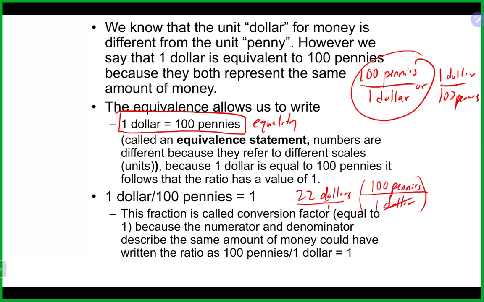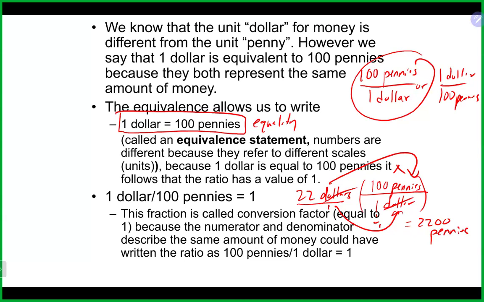Our dollar will cancel here. We again multiply what's on top and divide by what's on the bottom. In this particular case, we don't really need to divide because there's only 1 on the bottom, so it's not going to change. You can divide it if you really want. And we'll end up with 2,200 pennies in this case.